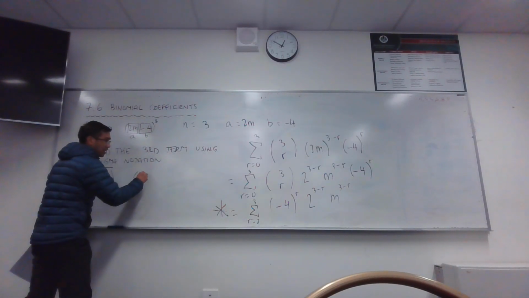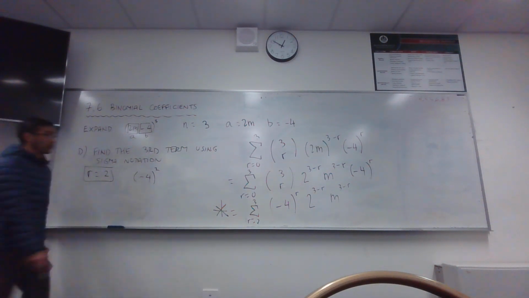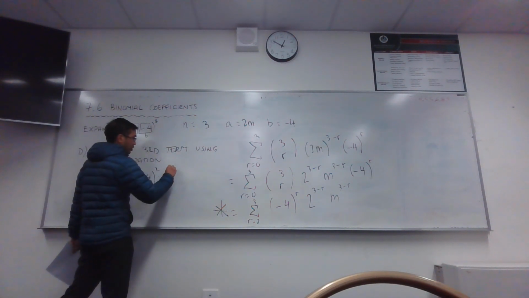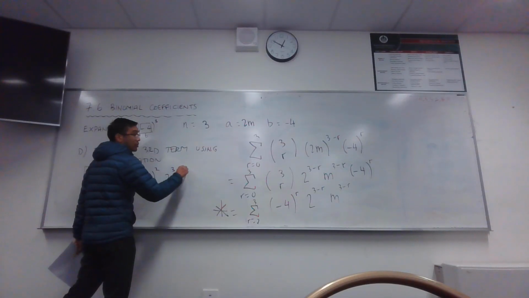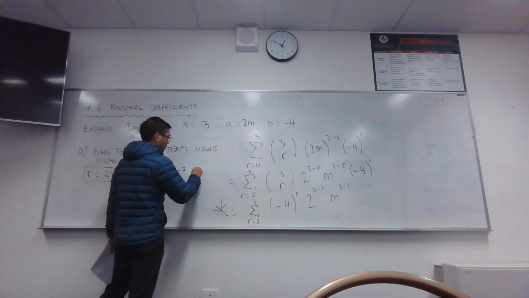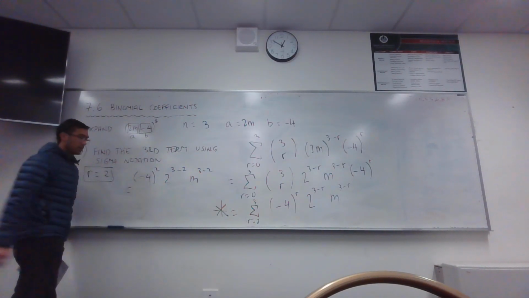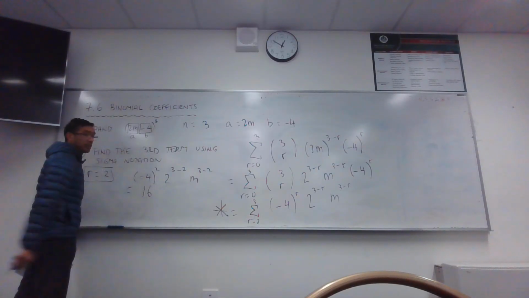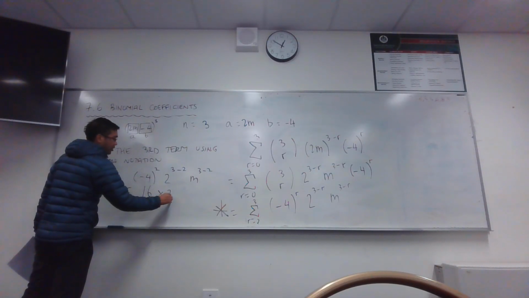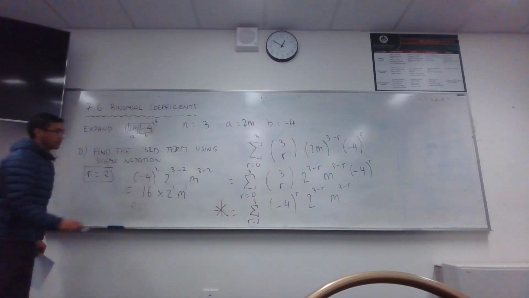That means a -4 to the power 2, 2 to the power of 3 minus 2. All my R's are changing to 2. -4 squared, 16, times 2 to the power of 1 times m to the power of 1.